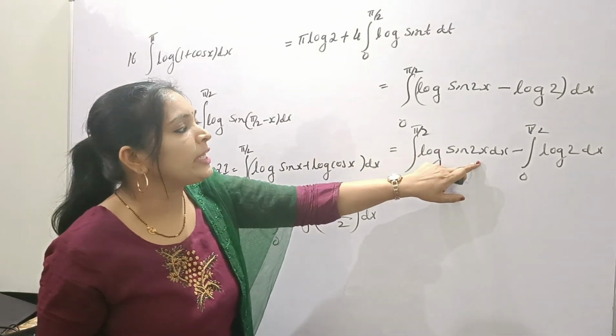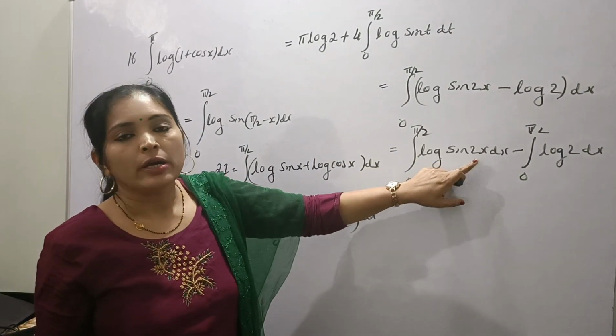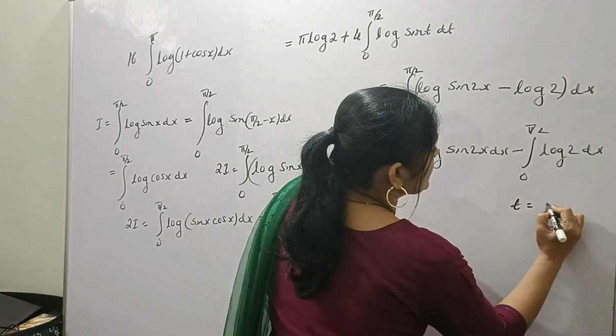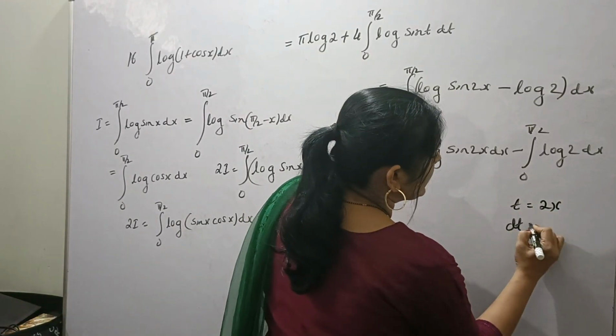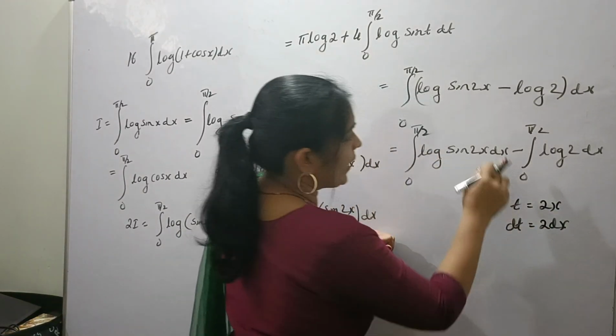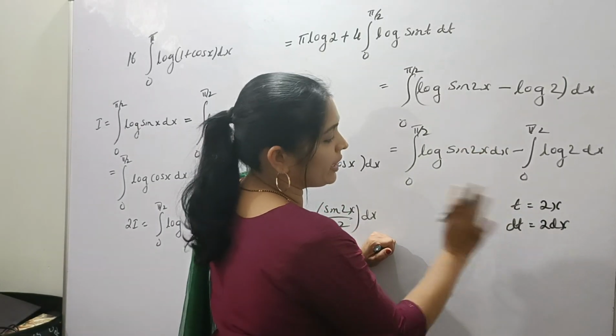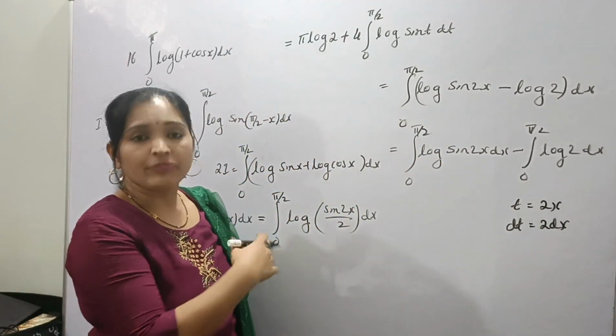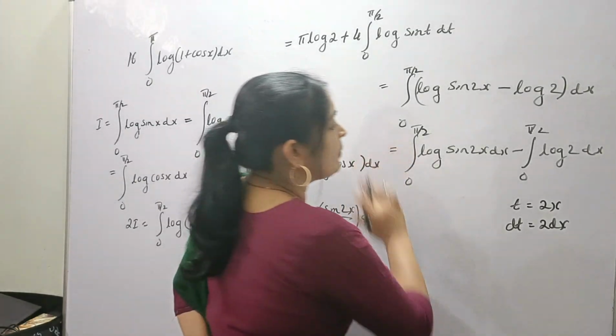For that, put t is equal to 2x. So dt is equal to 2 dx, so dx will be dt by 2. When the variable changes, the limits will change.